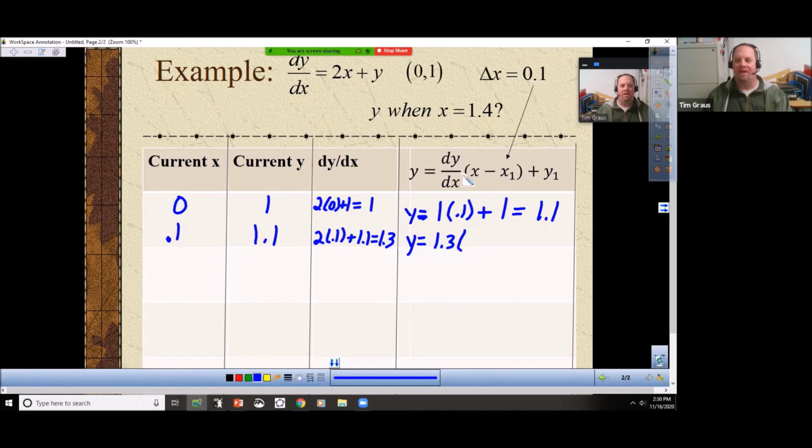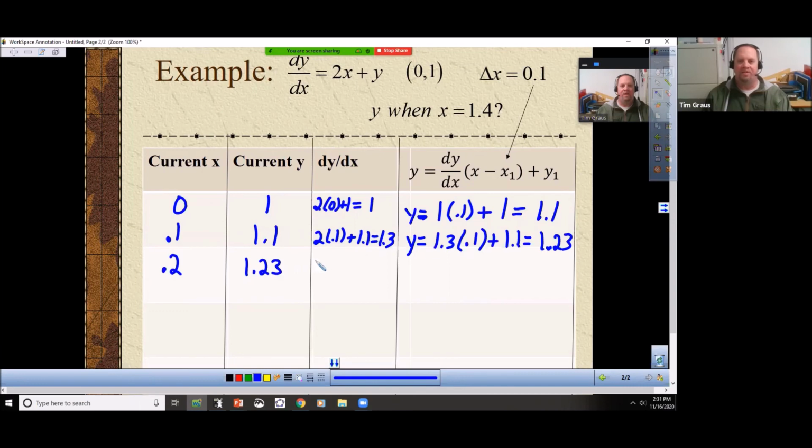Our delta x, x minus x1 is still going to be 0.1 because in our next step, we're just going to move by 0.1 again. And our y value is 1.1. If we add these up, I think I can still do this in my head. I believe we get 1.23.